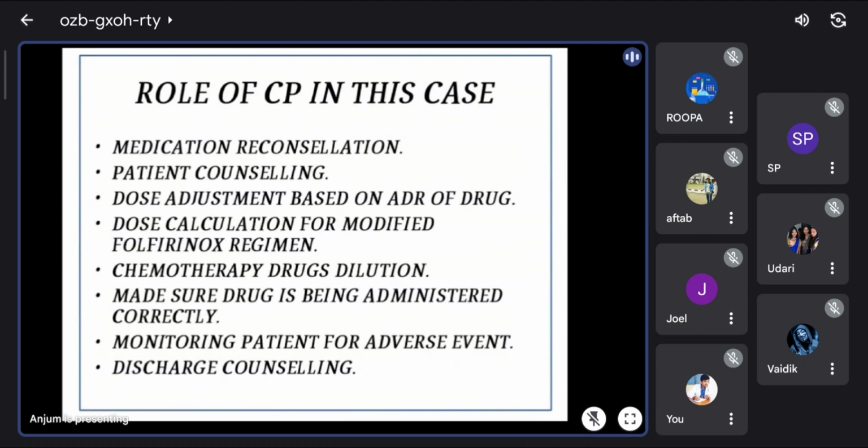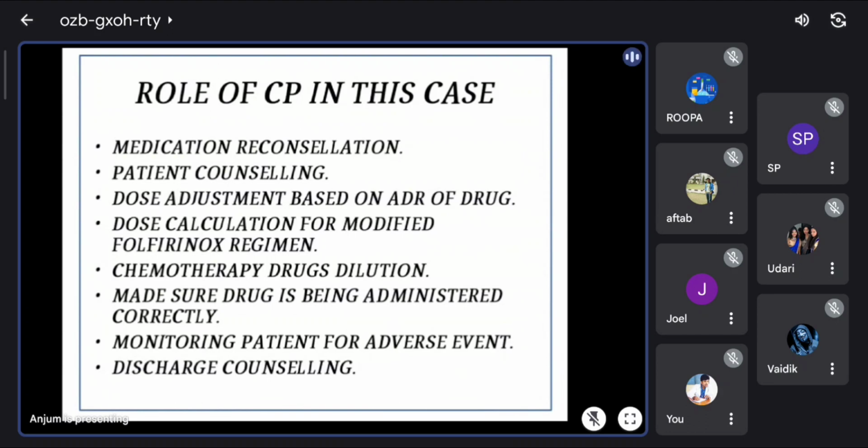So in the chemo department, a CP, a clinical pharmacist, plays a very important role, because the correct drug dilution, calculation, administration and monitoring are completely a CP's role.